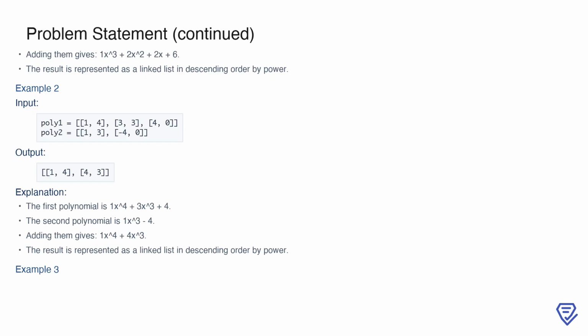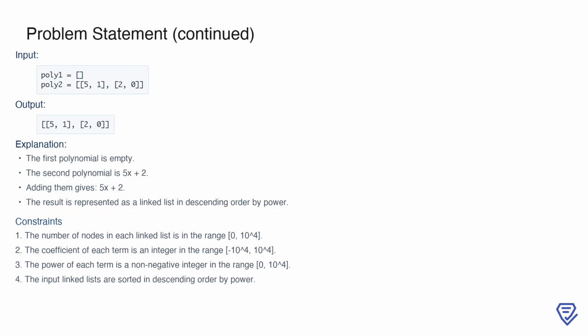The constant terms, 4 and minus 4, cancel each other out, so there's no constant term in the result. The resulting polynomial is 1x to the power of 4 plus 4x cubed, and this is represented as the linked list 1, 4, 4, 3. Notice how terms with the same power are combined, and terms that cancel out are excluded from the result.